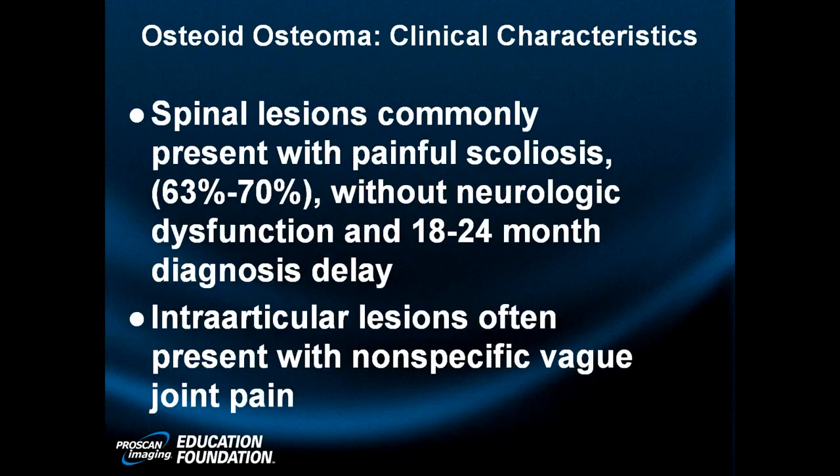It's about 13% of all benign tumors, and spine lesions commonly present with painful scoliosis. Those can be really problematic, and occasionally those will have to be trephined out because of the scoliotic complication that they induce. Intra-articular lesions are really difficult, especially in the hip.